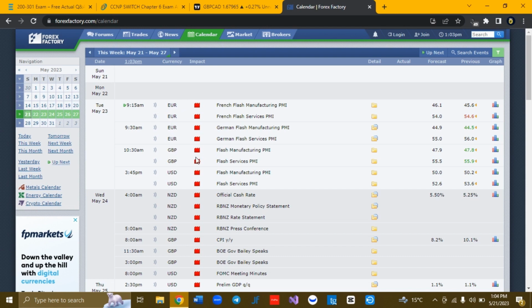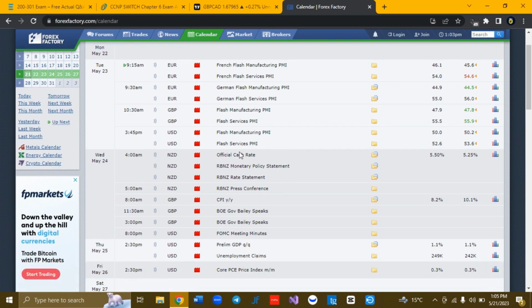The same goes for GBP on Tuesday around this time. And then for USD pairs as well at quarter to 4, that's what you would expect of volatility. And then Wednesday at 4 a.m., that's the NZD interest rate, very volatile.